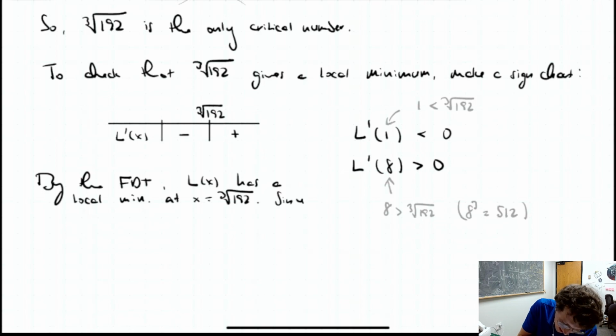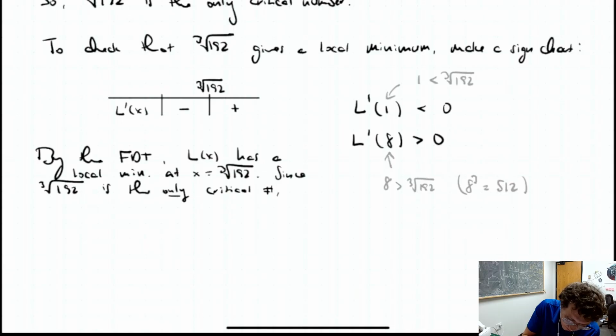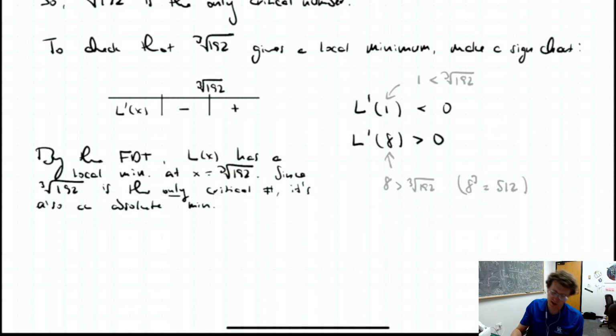And the last thing that I need to write to establish that it's an absolute minimum is just that since the cube root of 192 is the only critical number, it's also an absolute minimum. All right, we are done.